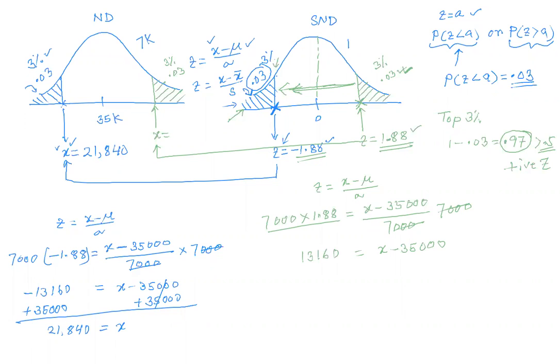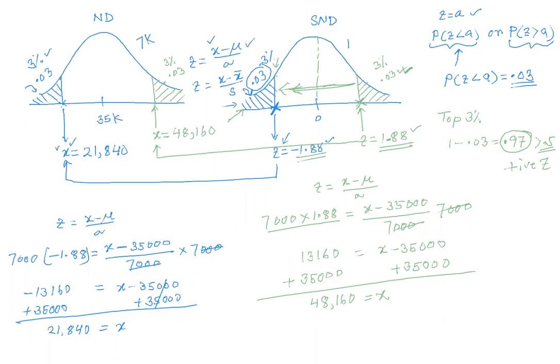And if you multiply these two, you're going to get 13,160. Then you add 35,000. That's going to give you 48,160 is equal to x.